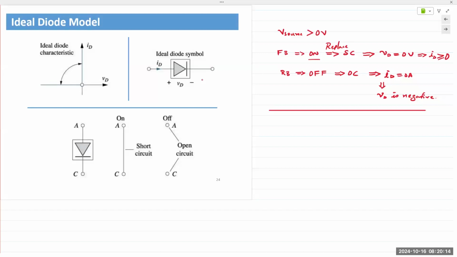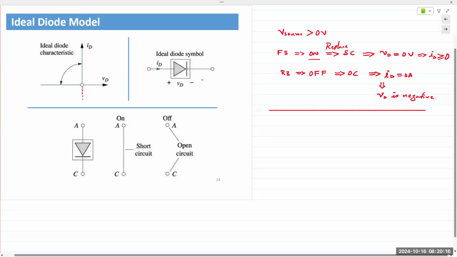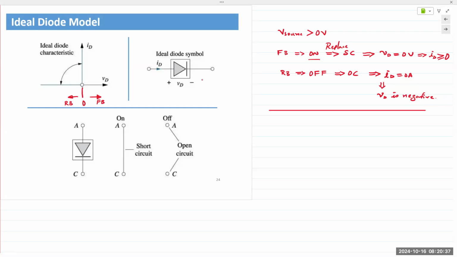So in this case, if we break up our device performance right here, this is forward bias, this is reverse bias. If we break up this characteristic between forward and reverse, we can state that the forward bias device performance is linear, as well as the reverse bias, which is also linear, right?